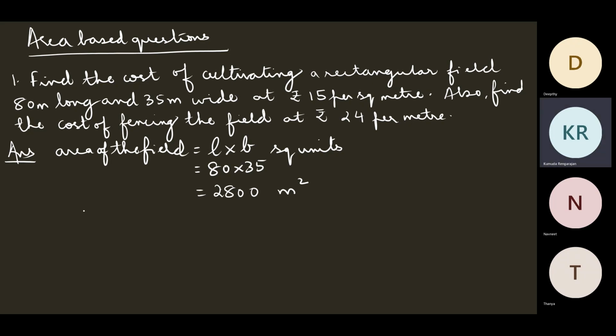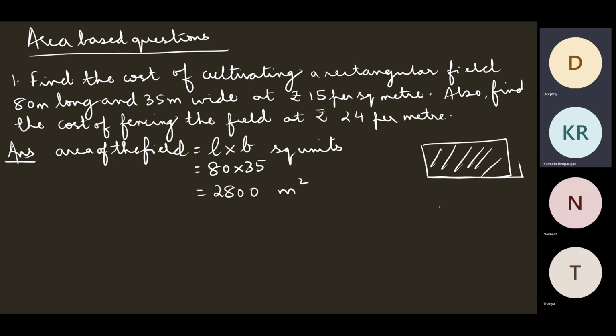Next, find the perimeter of the field. Oh, we have to find the cost, right? Yeah. Deepthi, tell me, how do we find the cost of cultivating? Where do we cultivate? In the rectangular field. Is cultivation done on the boundary or here? Where's the cultivation done? Ma'am, on the inside of the field. In the inside of the field, yeah.